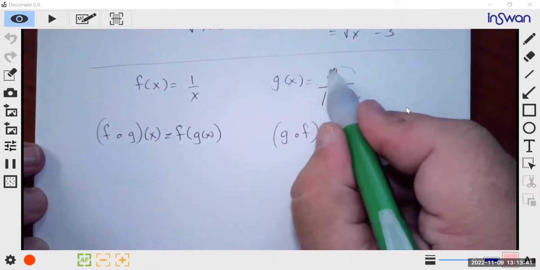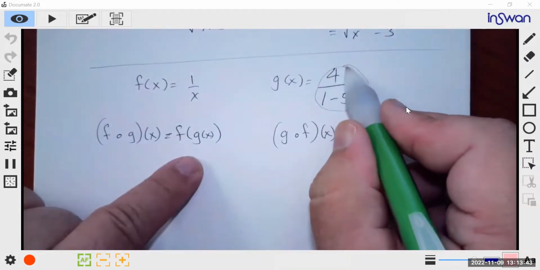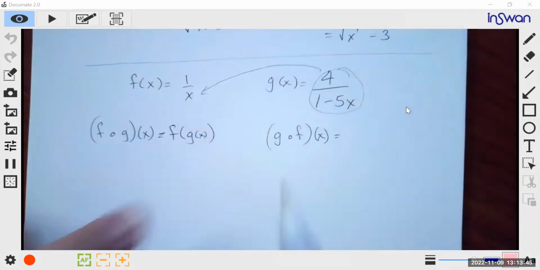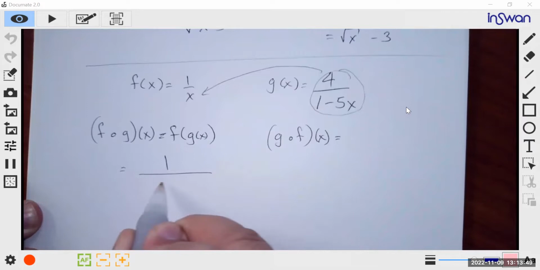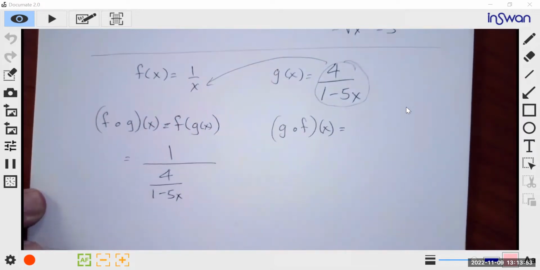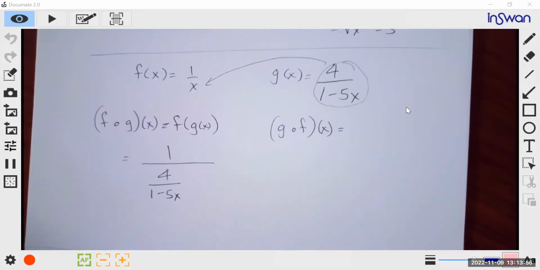So this huge equation here, that's my g of x, that goes in place of x. Are we done? No, because we have a fraction over a fraction.